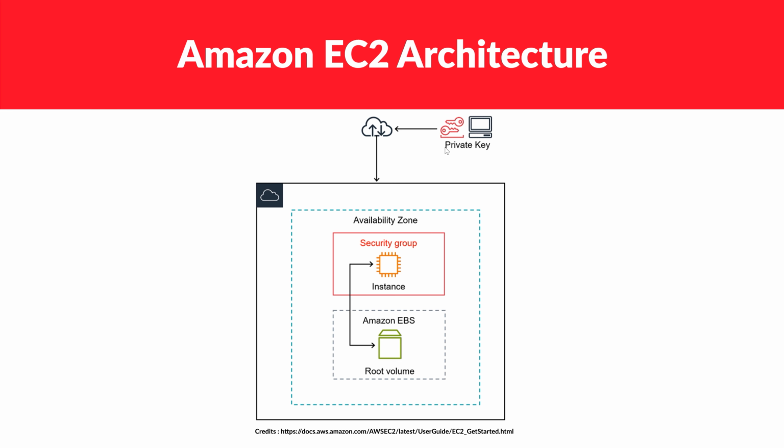Our laptop is somewhere else. So in order to communicate, we need to open port 22, that is door number 22, and in the security group we have opened that port, and that's how we are able to communicate to this instance. Right, and root volume, you might remember that the C drive where the OS is installed.